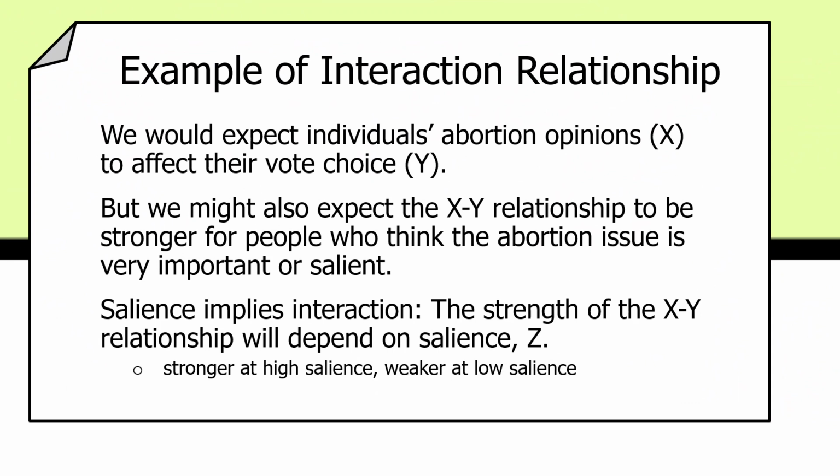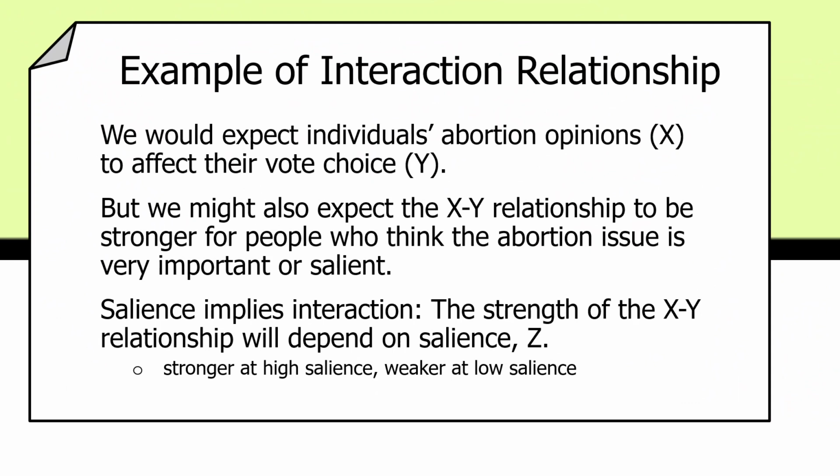Here's the setup. We would expect individuals' abortion opinions, X, to affect their vote choice, Y. But we might also expect the XY relationship to be stronger for people who think the abortion issue is very important, or what we call salient.